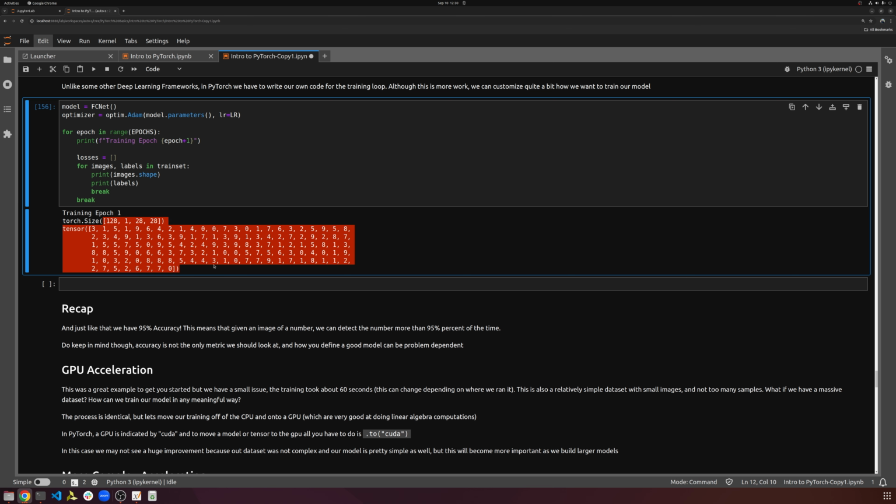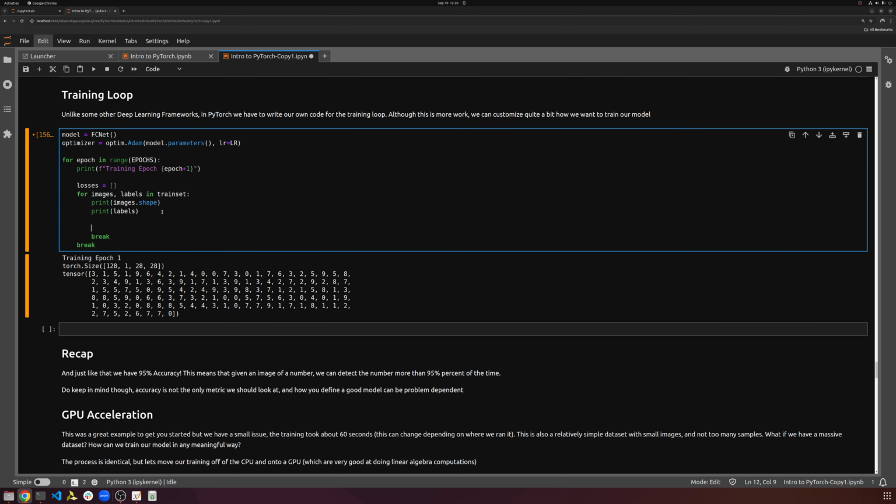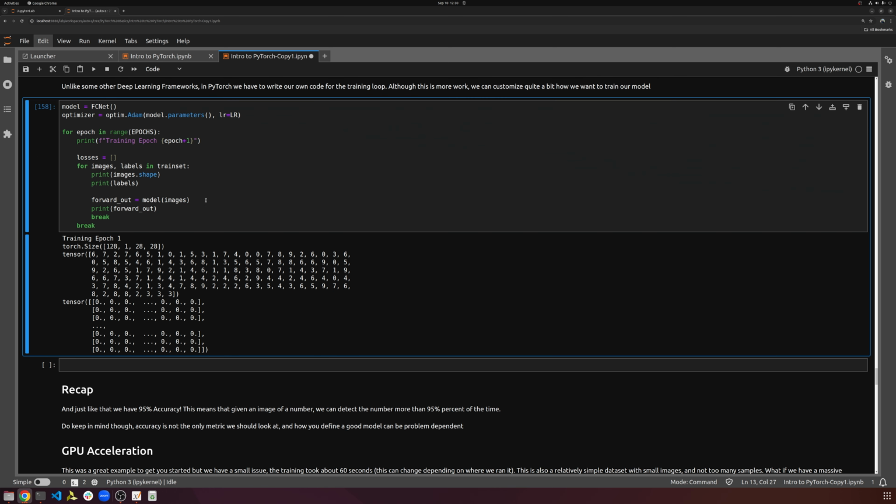So this is what we expect, right? This is our data. And so what's the first step we do? Just like before, we're going to do prediction is equal to model. Actually, let's call it forward out is equal to model of images, right? So that's our print forward out.